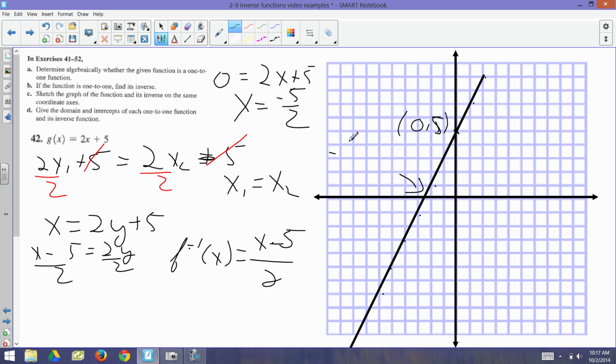So that's what this is, negative 5 halves, comma 0. Okay, so my inverse function, if I were going to graph it, instead of graphing 0, 5, I would graph the point 5, 0. Instead of graphing the point negative 5 halves, 0, I would graph the point 0, negative 5 halves, which is right about there.